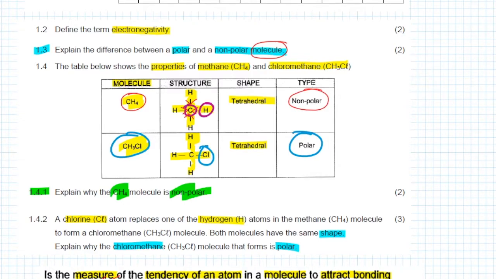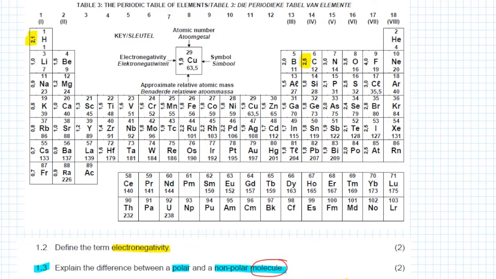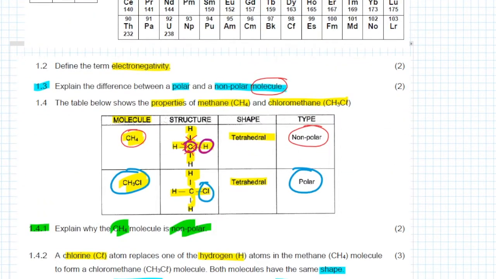But now we replace a hydrogen with a chlorine. And when we compare the electronegativity of carbon to that of chlorine, we see that chlorine has a higher electronegativity. So therefore, we have the dipole facing chlorine, and chlorine will be slightly negative, while carbon in this chlorine bond will be slightly positive.